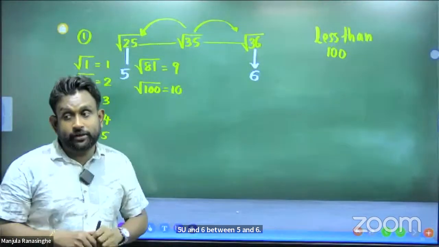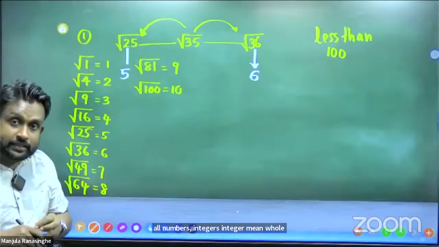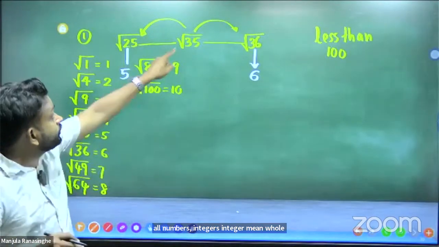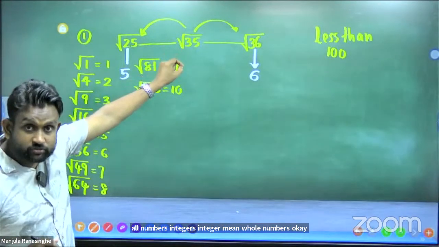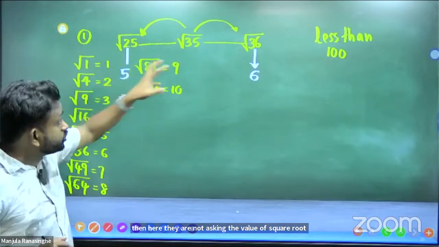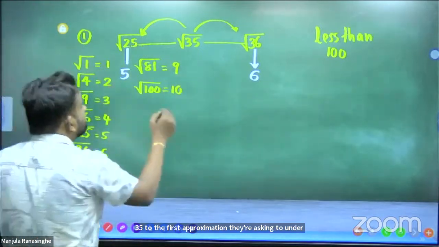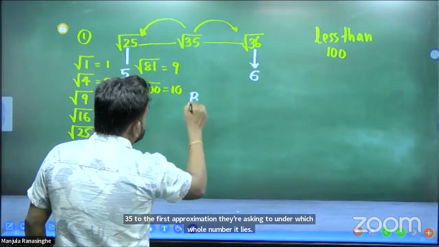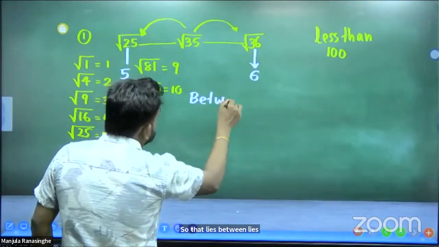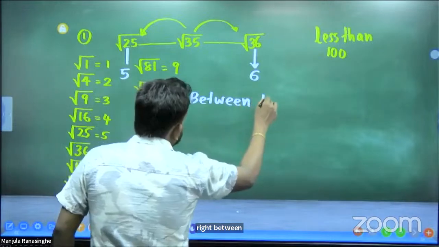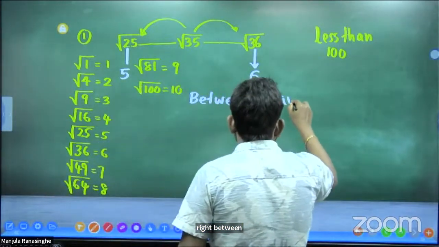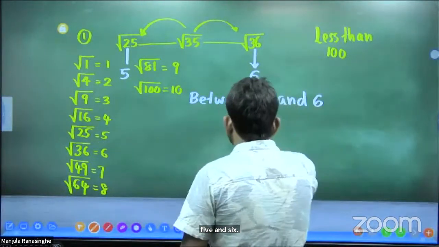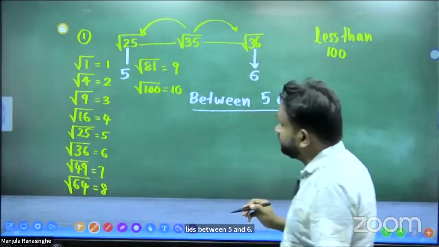Integers mean whole numbers. Here they are not asking for the value of root 35 to the first approximation. They are asking under which whole numbers it lies. So it lies between 5 and 6. That is the answer for this question.